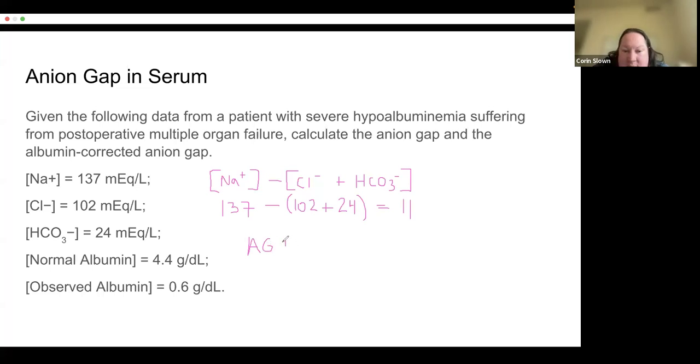And then plus 0.25, and then we multiply that times 44 minus the albumin.